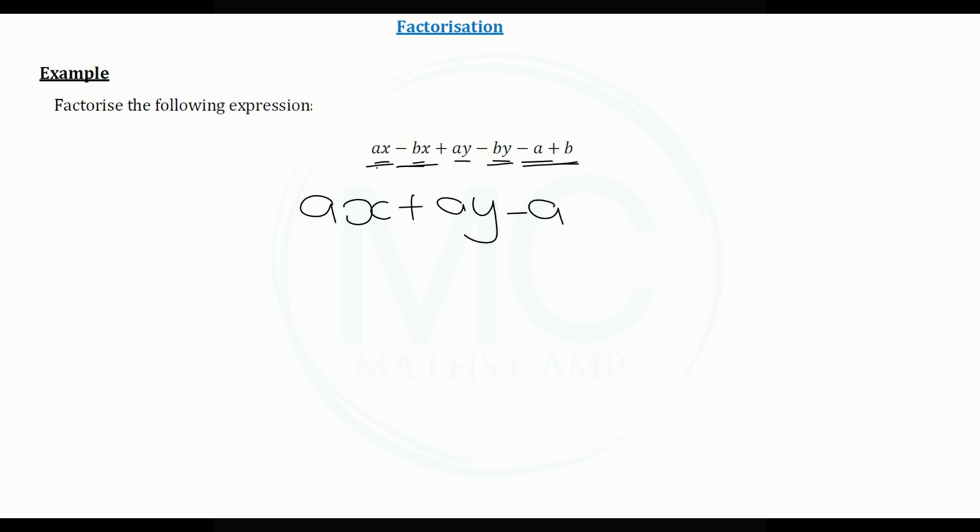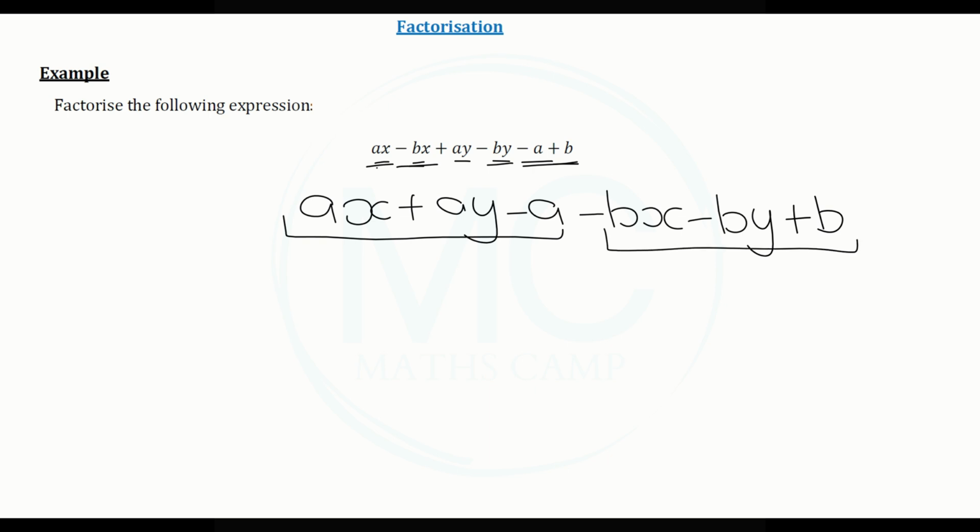Then we have negative bx, negative by plus b. This is our first set, and this is our second set of terms. In our first set, we've got a common factor of a, so we can take a out, and we're left with x plus y. Negative a divided by a is negative 1.